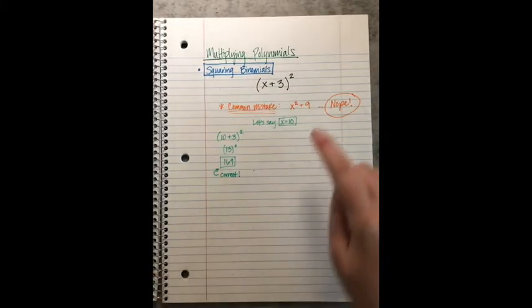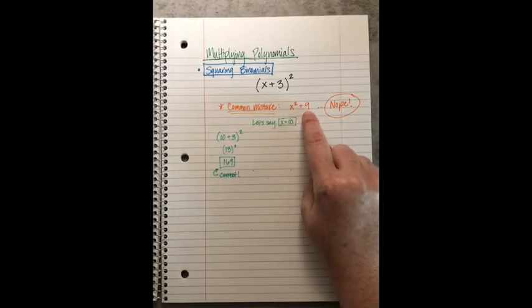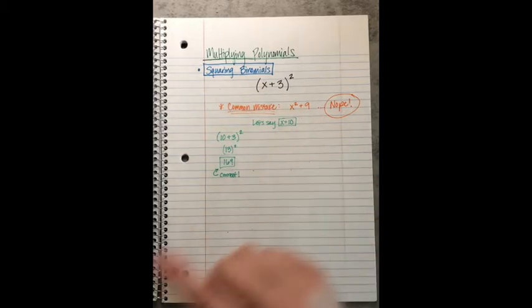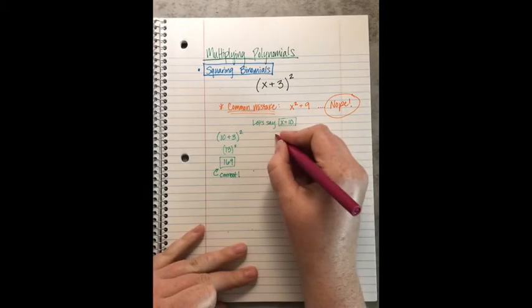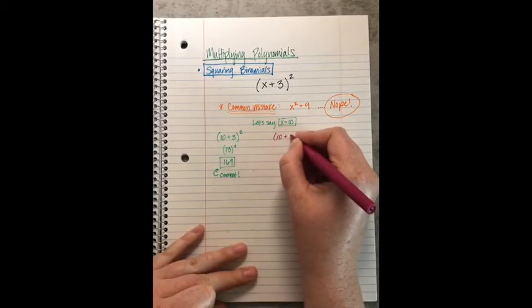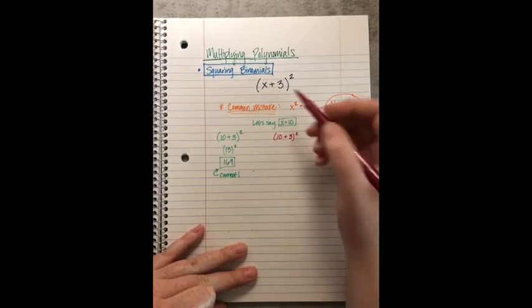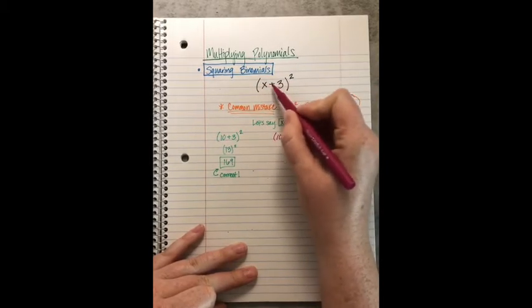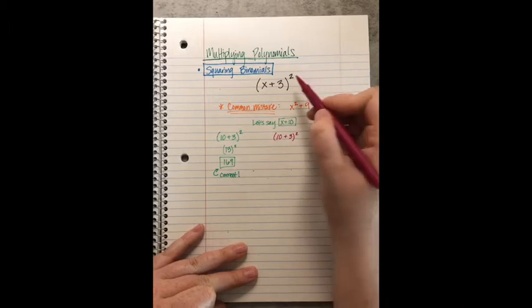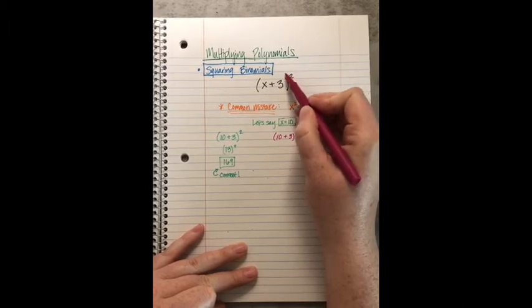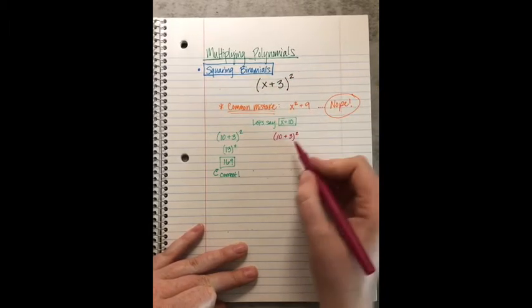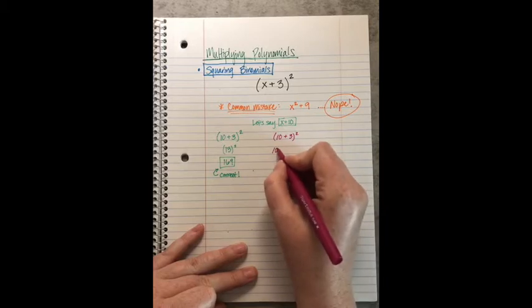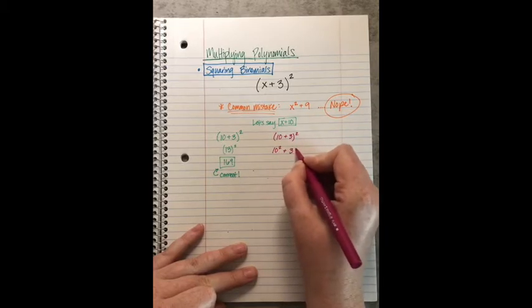But I'm going to prove why this is not correct. What we first might have thought when looking at this squaring of a binomial was you just take this exponent and distribute it to each. Well, if I do that here, that would be 10 squared plus 3 squared.